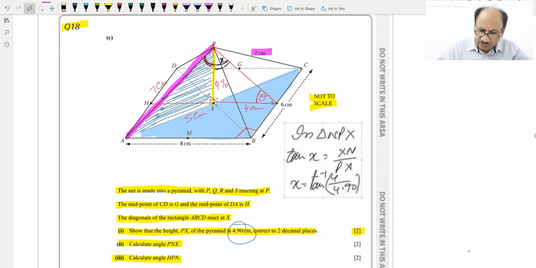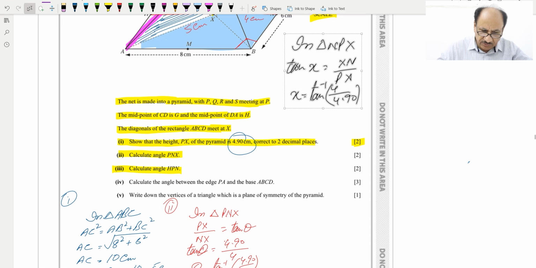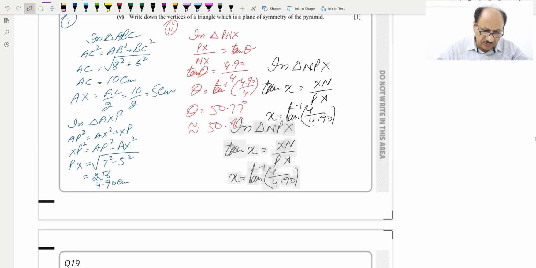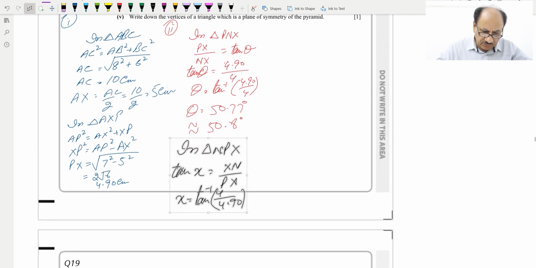We can shift this to the proper location, and that will be our third part answer. And we can write over here, this will be third part answer.